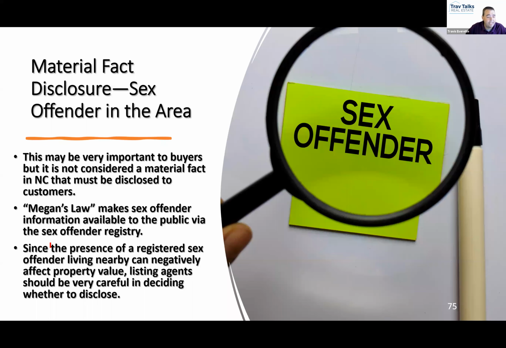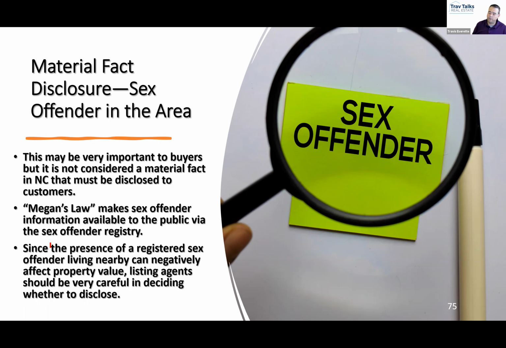Now, obviously, if it's your client, that is a different story, because if you're representing this buyer and you're aware that a registered sex offender lives next door, would you say that would be information you would need to disclose to your client? Yes. Clearly to your client, because we owe our client everything that could impact their decision-making.